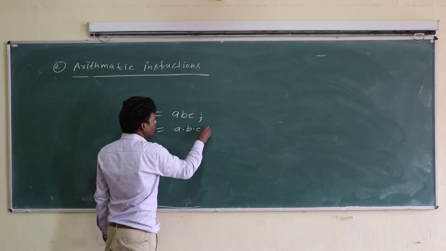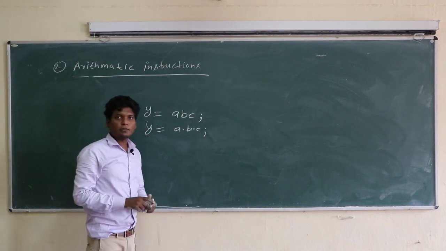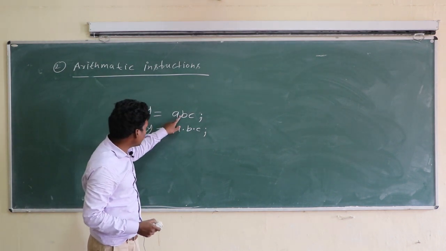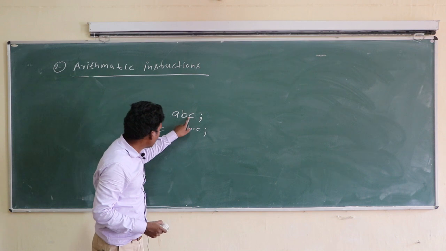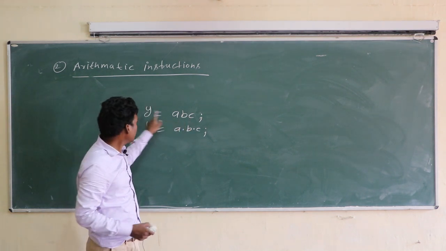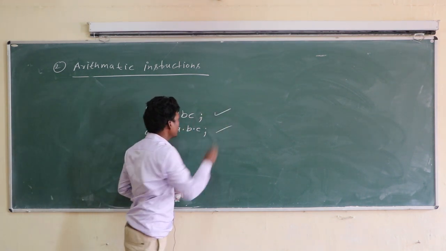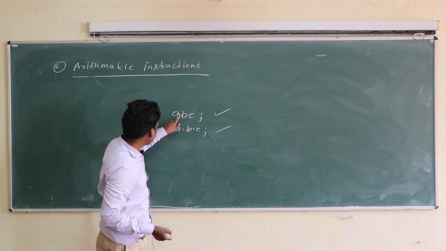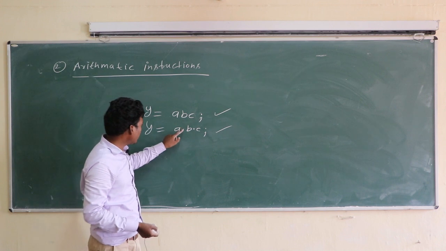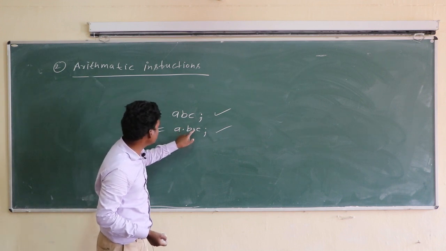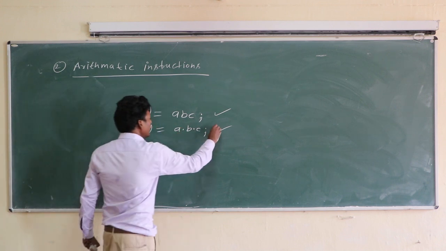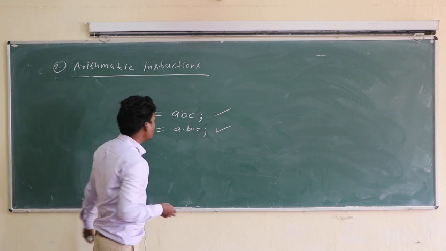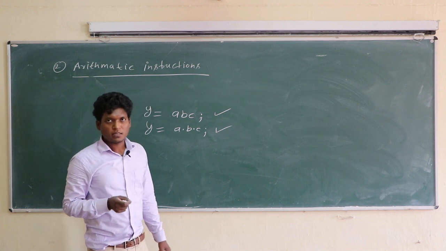You may think that in normal mathematics both are correct, because you pre-assume there is a multiplication. But both are incorrect in C language. In C language there are no pre-assumptions.